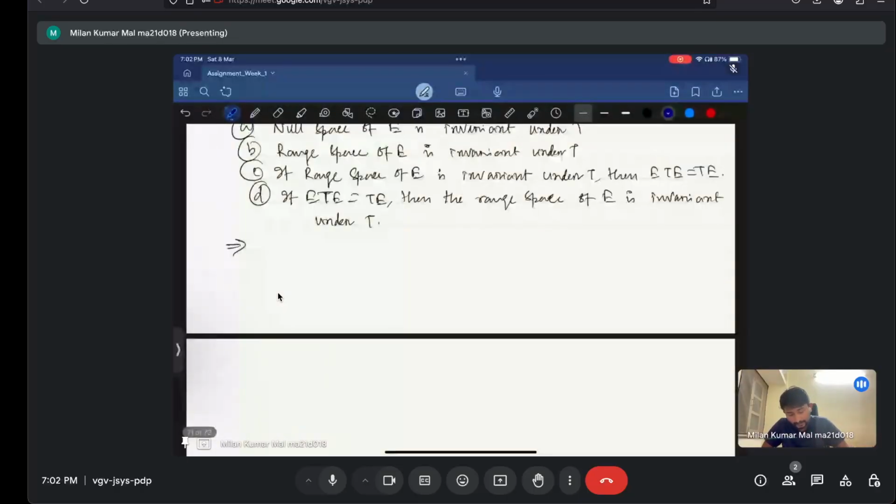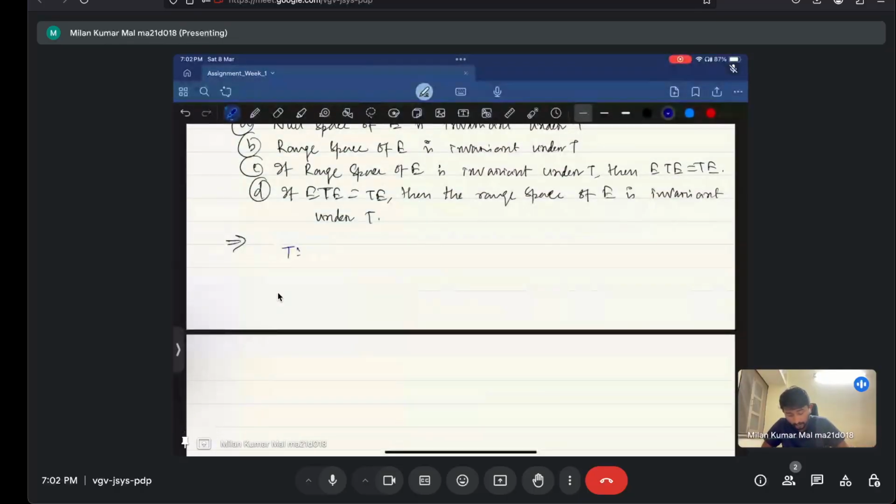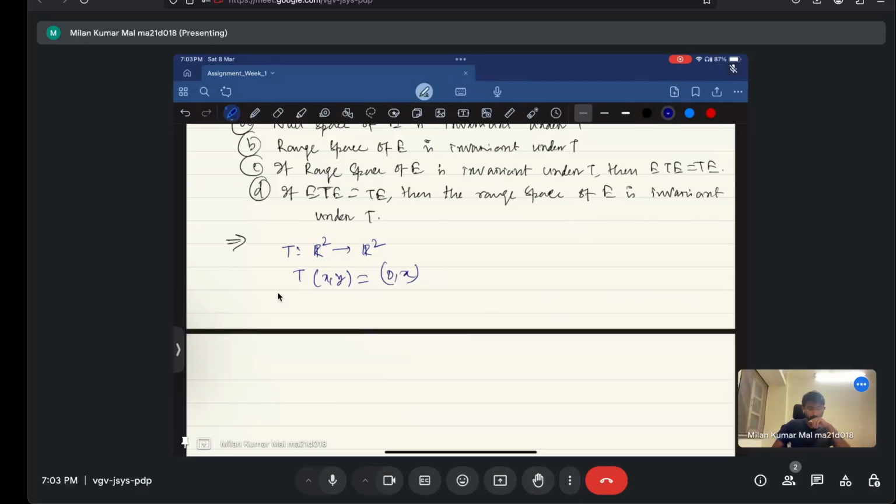Let's take T to be the linear operator from R2 to R2, which is given by T of (x, y) equals (0, x), like this way. This is a linear operator, no doubt about it. So therefore, E is the projection.